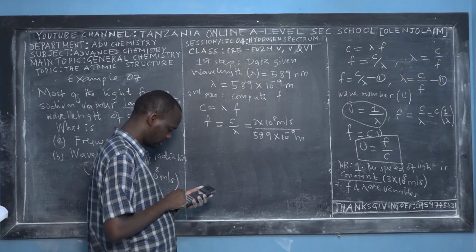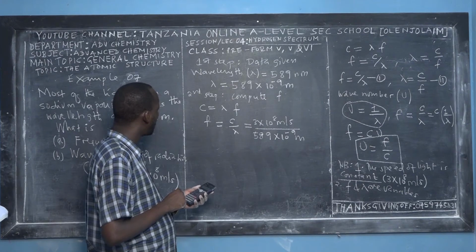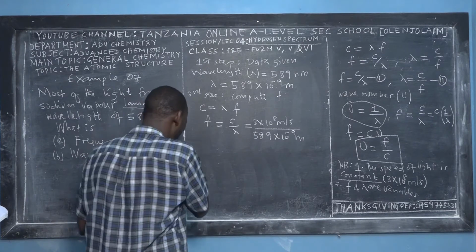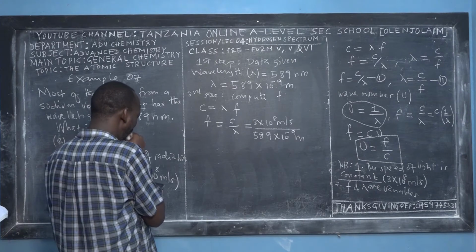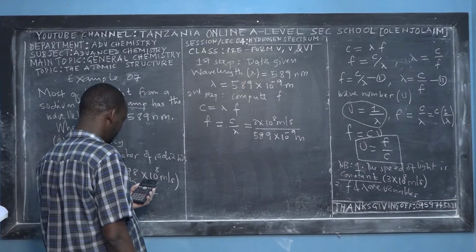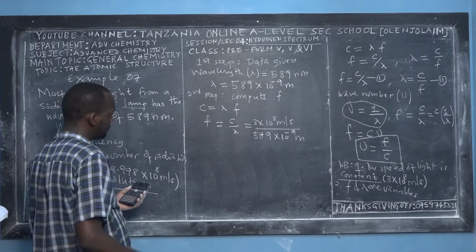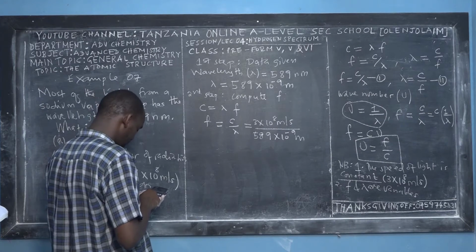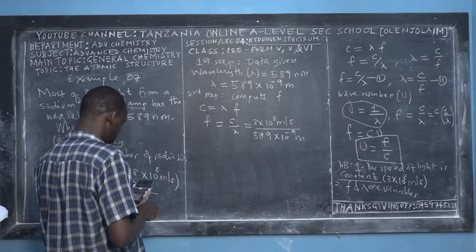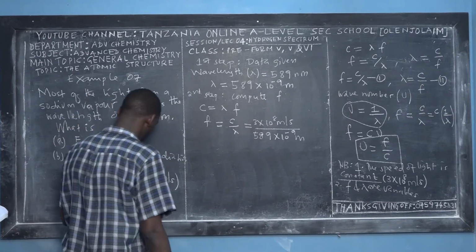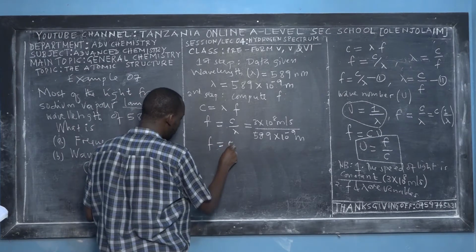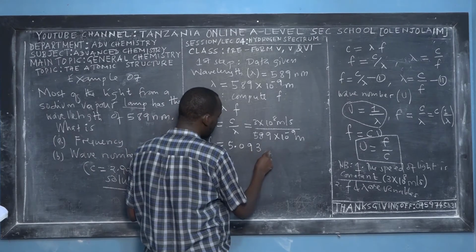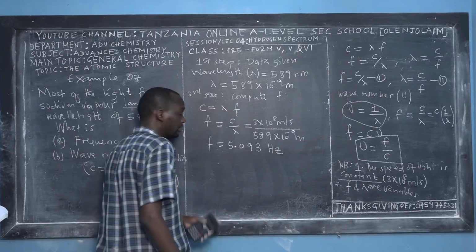So there it is: 3 times 10 to the 8, divided by 589 times 10 to the -9. The frequency, in hertz.